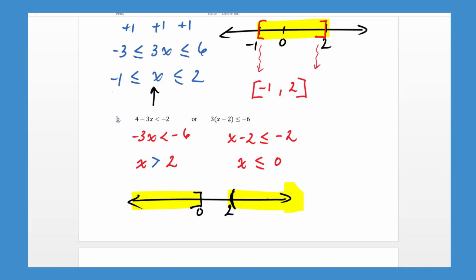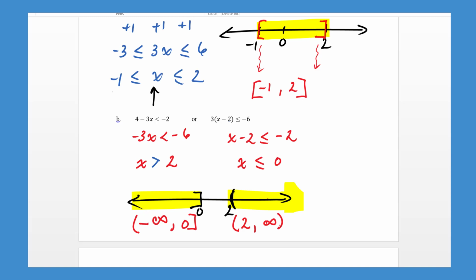Now, because we don't have a bounded interval, we have 2 separate solutions, and we have to write it that way. I can use the graph as a nice visual to write my solution set in interval notation. So I have an open interval with negative infinity to 0, closed at 0, and then an open one with the 2 and positive infinity.